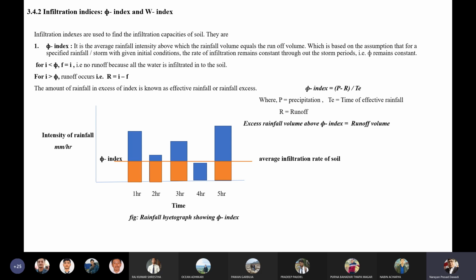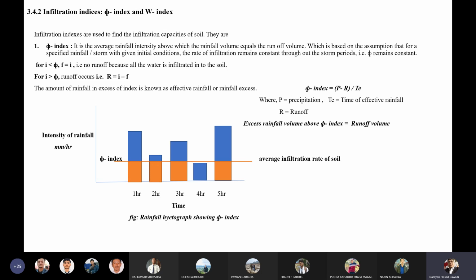Excess rainfall is the rainfall left after providing the infiltration, the portion that produces runoff, and it is called the excess rainfall.